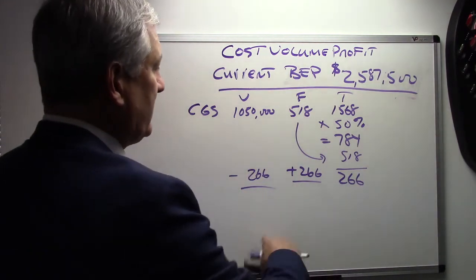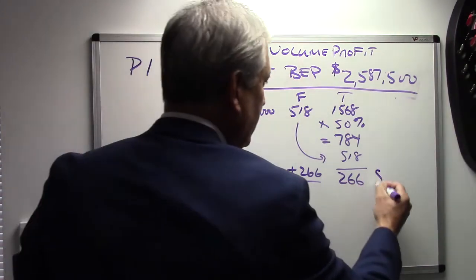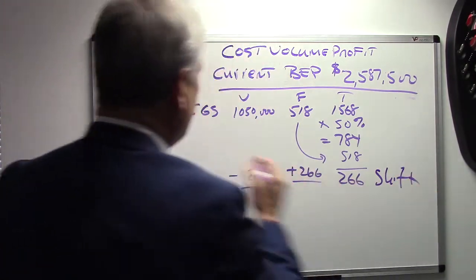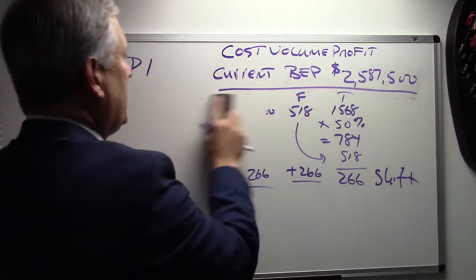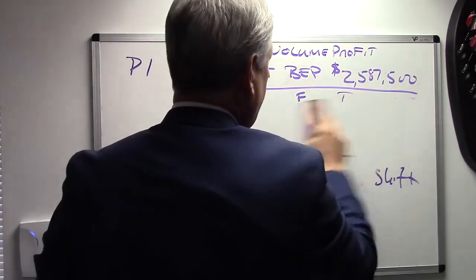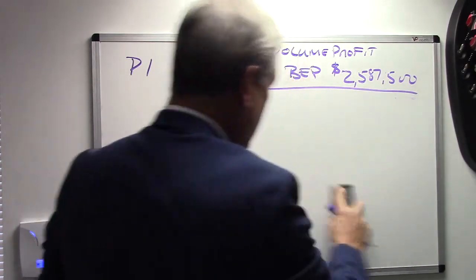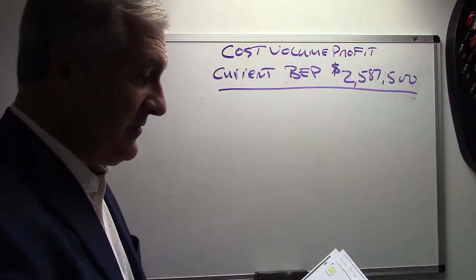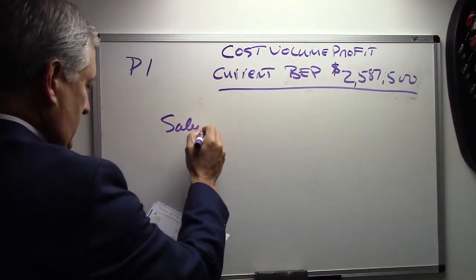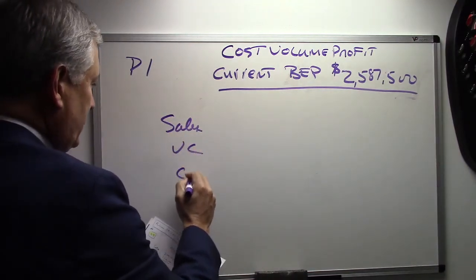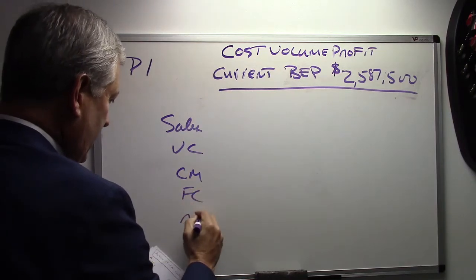So let's take a look. So there's a shift here. And this is cost of goods sold, right? So let's see what that means. Let's take a look at the new contribution format income statement, right? We've got sales, variable cost, contribution margin, fixed cost, net income, right?